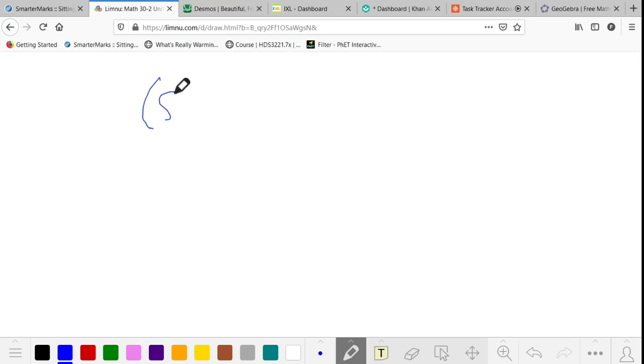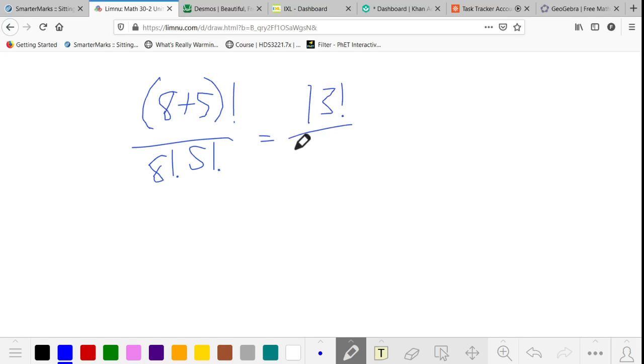So that is 8 plus 5 factorial over 8 factorial 5 factorial. Which, mathematically speaking, is actually the same as 13 choose 5. It's like you have 13 directions, you pick which 5 of them are south.